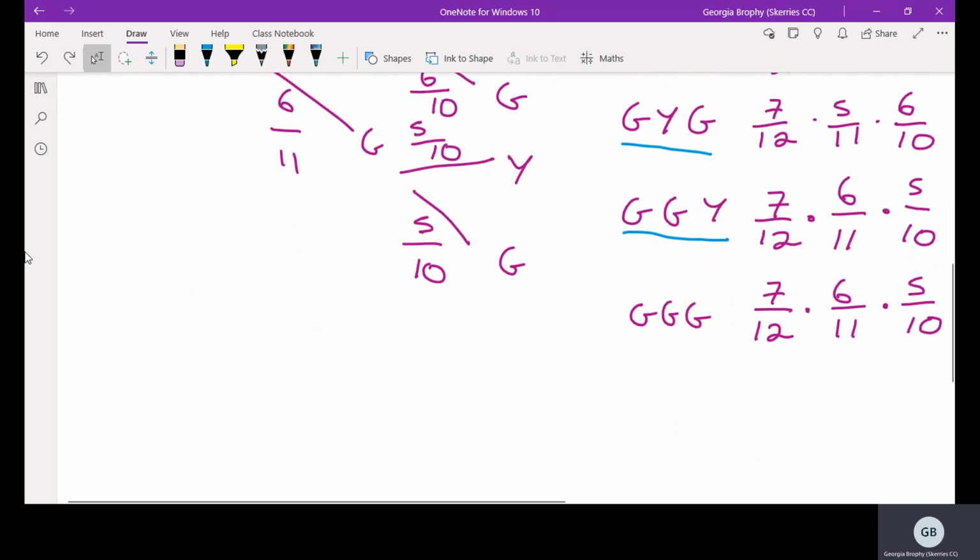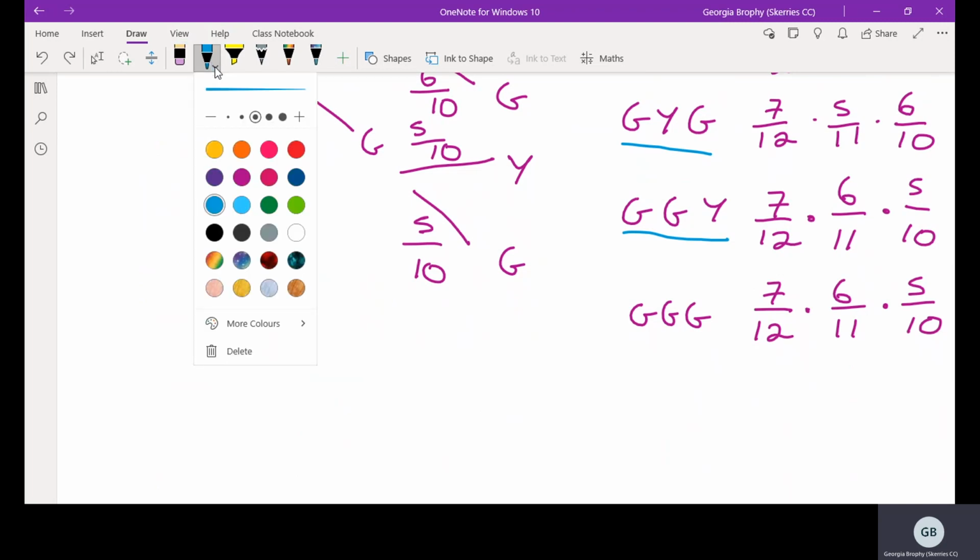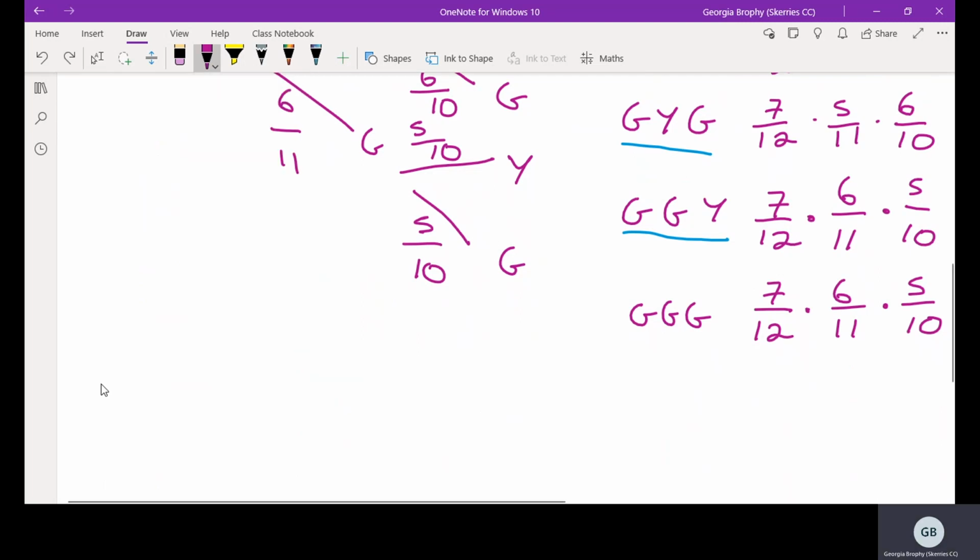So for part 2, all I'm going to do is work out those probabilities. So part 2, we have G, Y, G, G, G, Y. No, there should be another one. There should be Y, G, G. I think I've missed that one. Let's go back up.